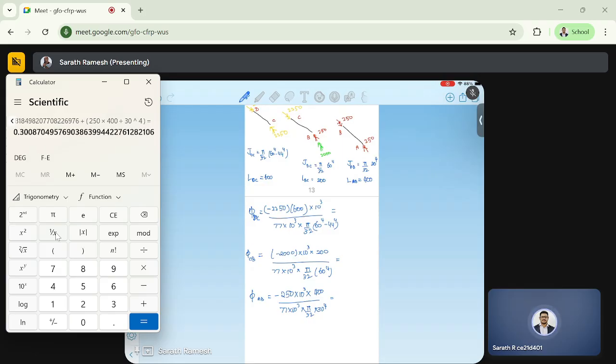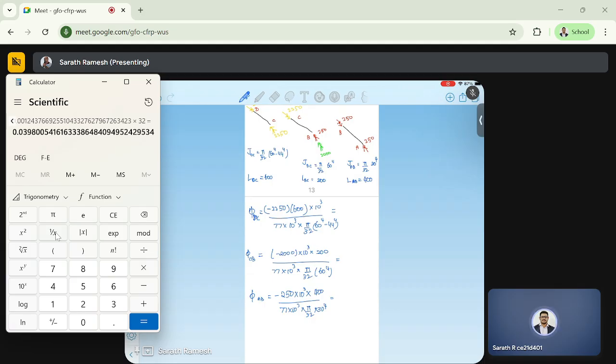Okay, so I've added all, taken something common, that is 10 power 3 divided by 77 into again 10 power 3 into pi, this into 32.